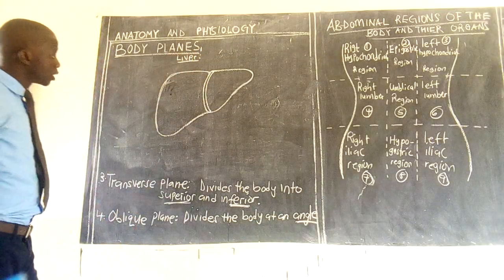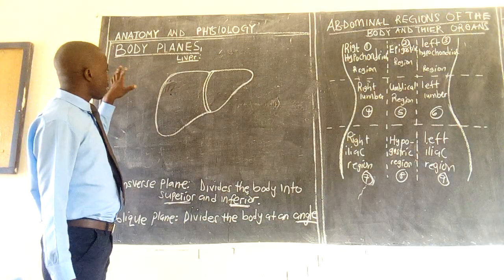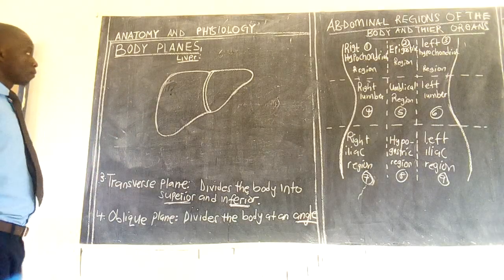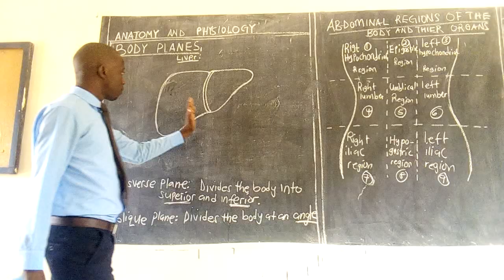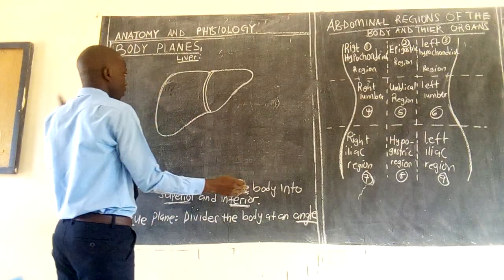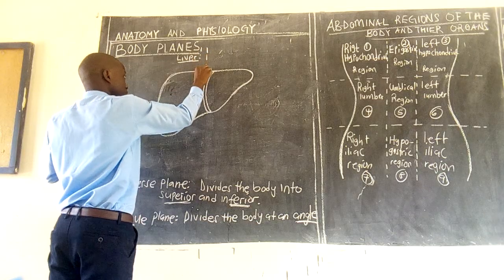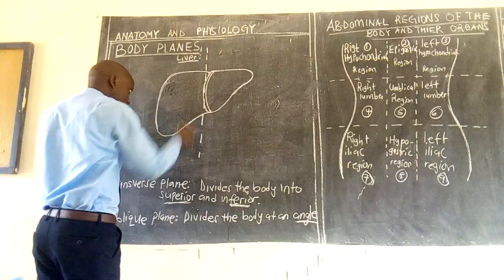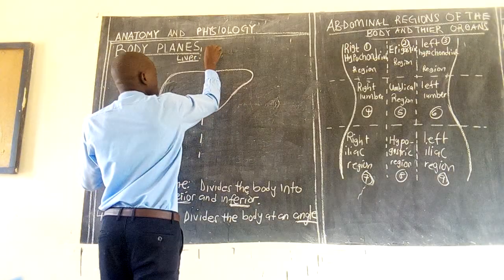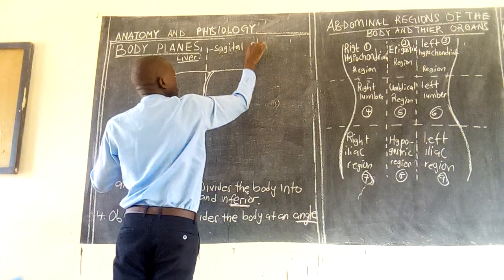So the first plane we said was a sagittal plane. And we said a sagittal plane will divide this liver into left and right. So to make that, I will do this. So this cutting of the liver, this is what we call the sagittal plane.